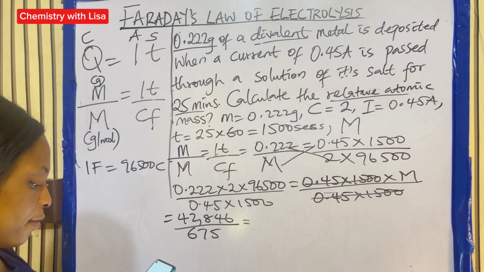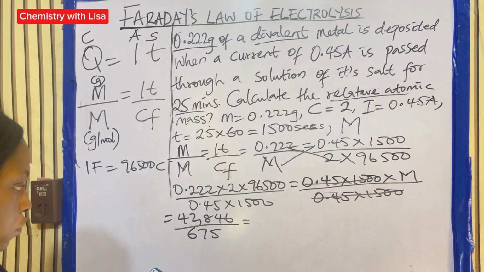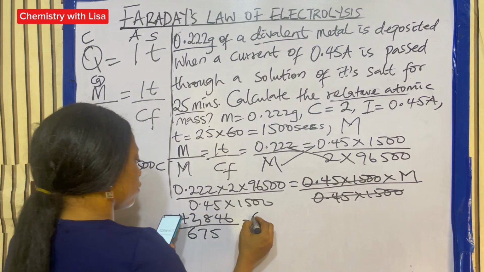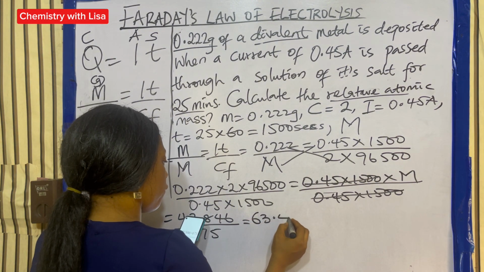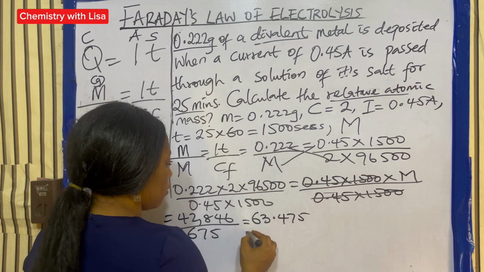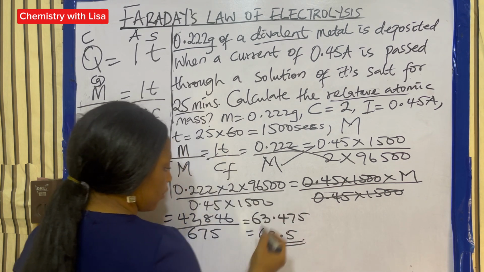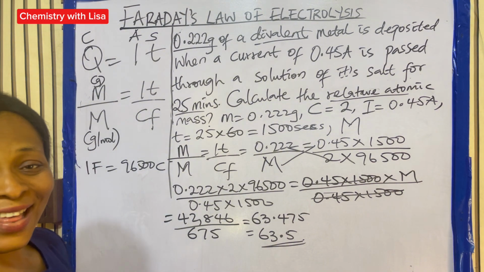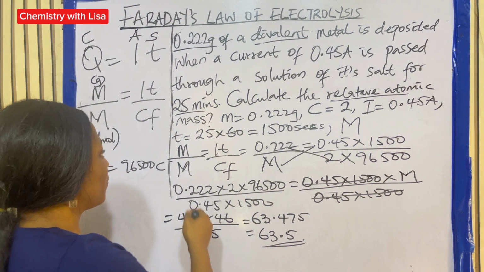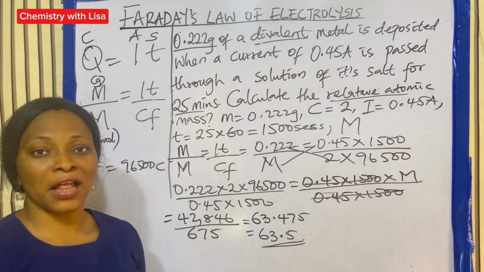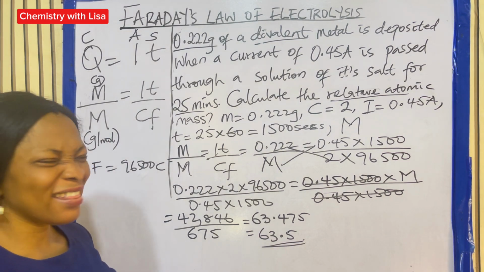So you have 42,846 divided by 675. You have 63.475, so this is 63.5 approximately. Isn't that simple? So the metal, whatever the metal is, this is the relative atomic mass. Isn't that simple?